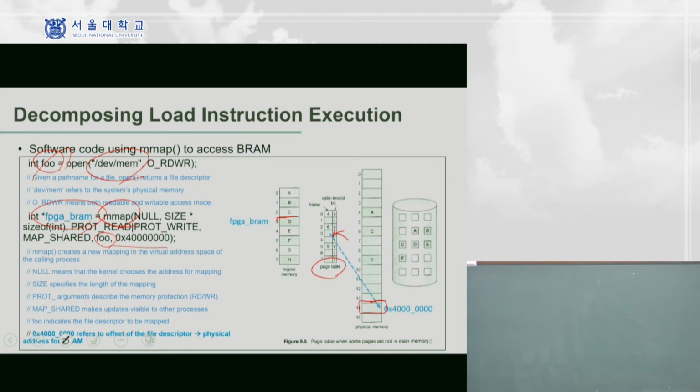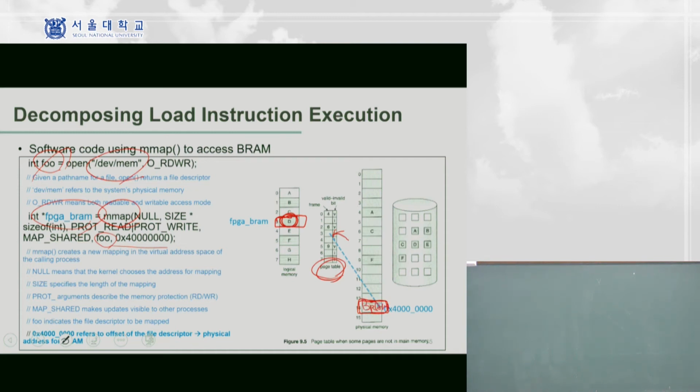Then we create a mapping between this virtual address space and the physical memory space, the VRAM space. This page table has the mapping information between virtual address and physical address here. So let's say currently this page D is mapped to this VRAM area in physical address space. That's the assumption.